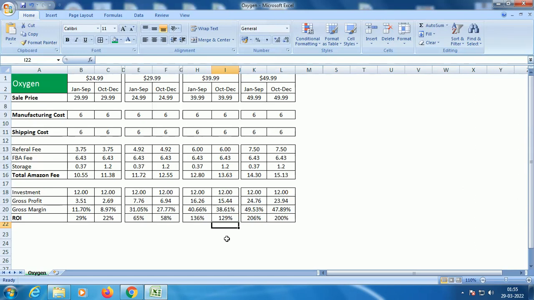So do not sell products which have got net profit margins of under 25%. And for you to achieve that, you need to pick products where, in terms of your projections, the gross margin should be greater than 35 to 40%. And it is very much possible to get there.